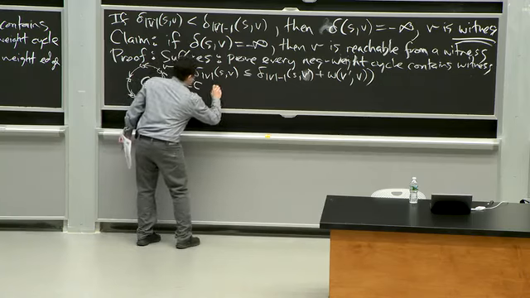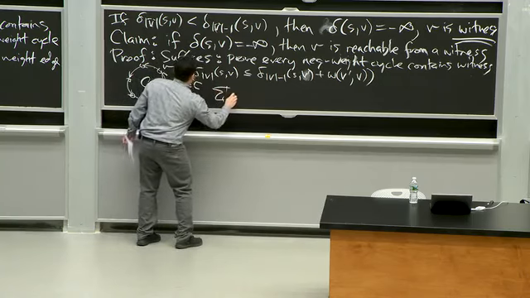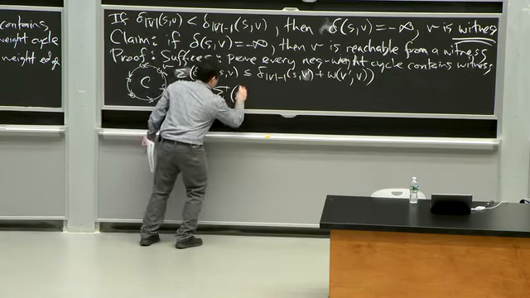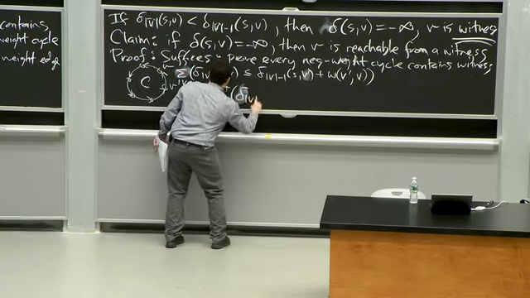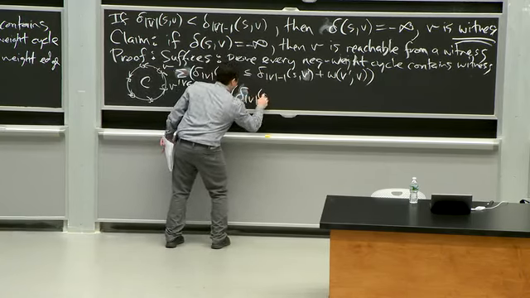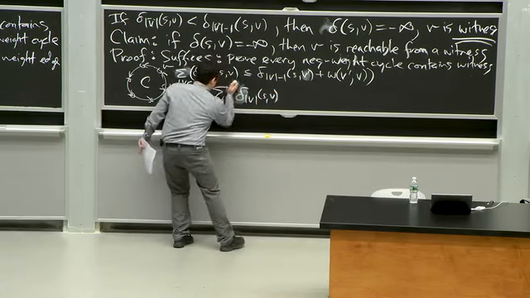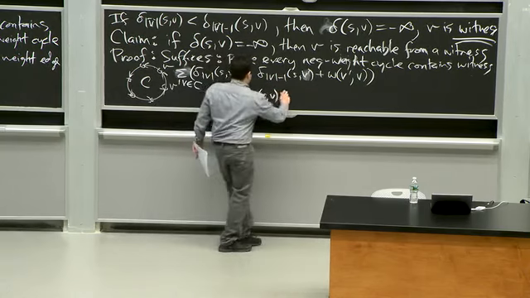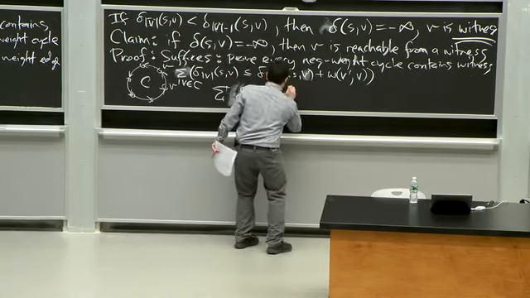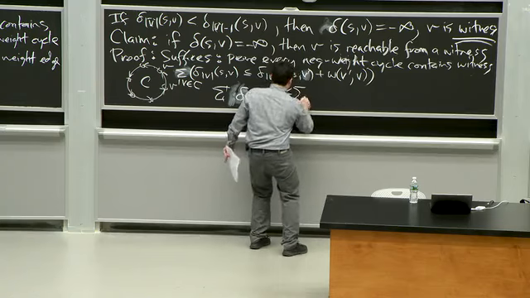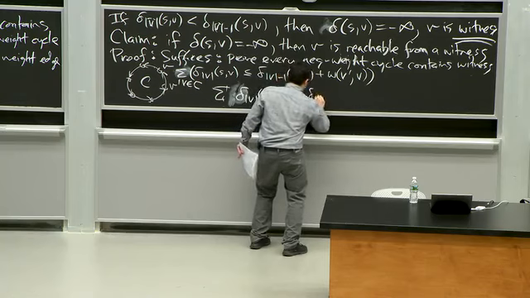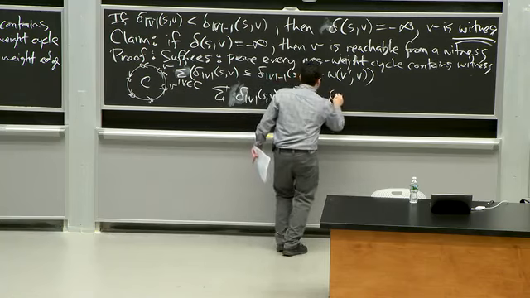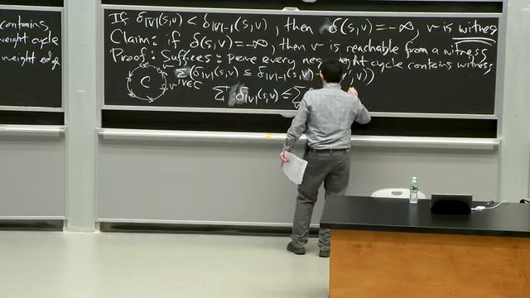Summation of delta V S V is less than or equal to the sum over V in C of delta V minus 1, S V prime.